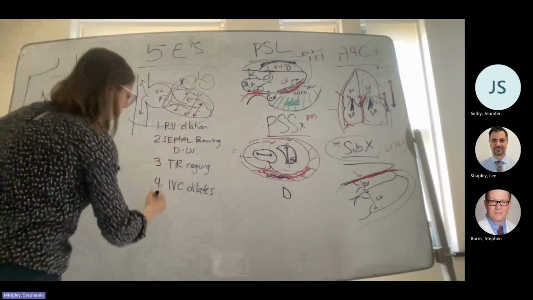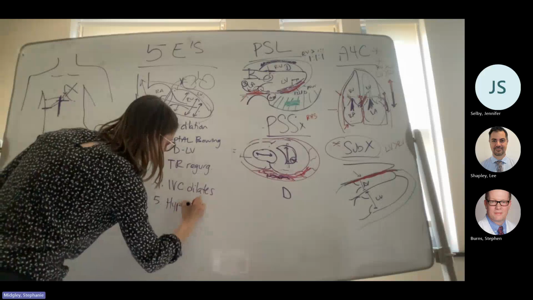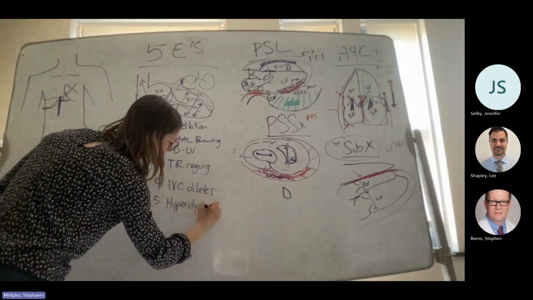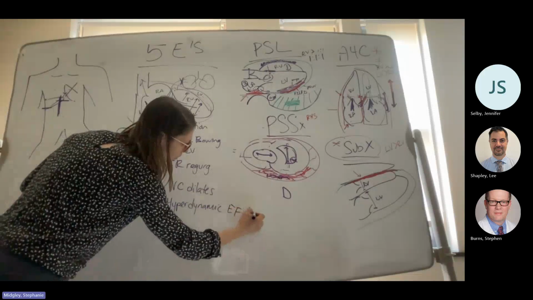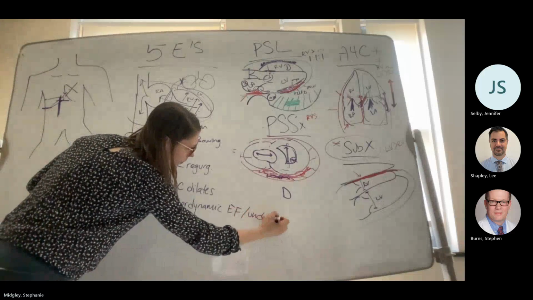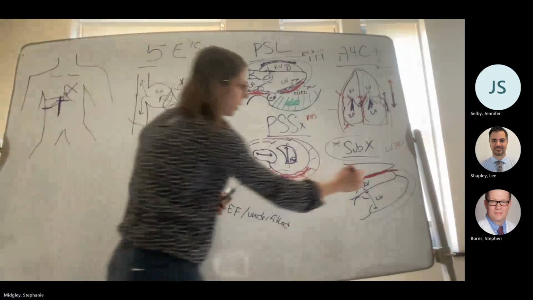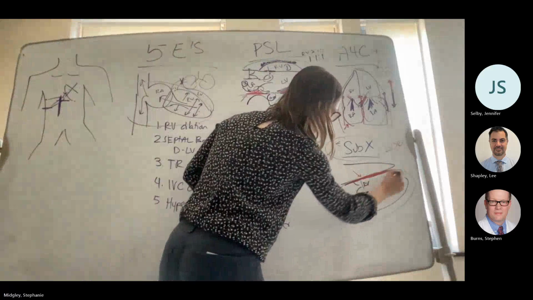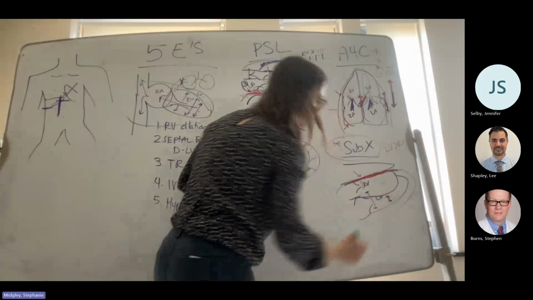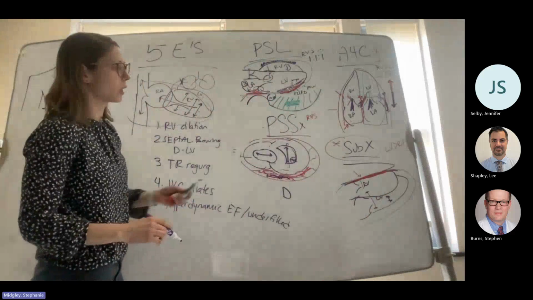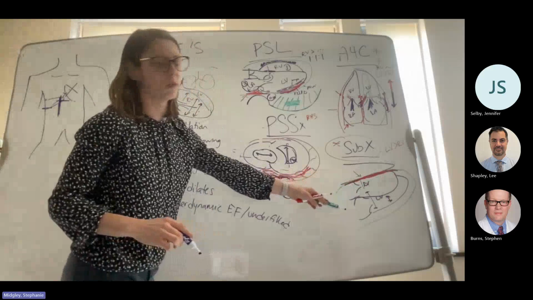So my LV starts to become hyperdynamic because it tries to compensate. It tries to push out every little last drop of blood, and it becomes underfilled. So you have this small little squashy LV and this big giant RV. And now you can understand why patients who have right heart strain can get really hypotensive when that RV gets really big, because the LV just can't fill.